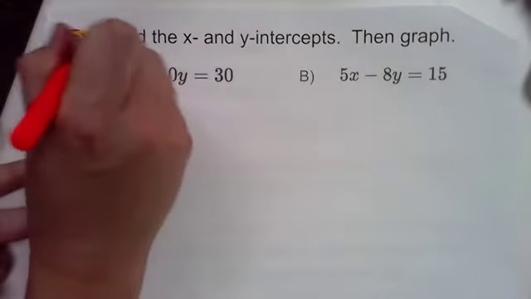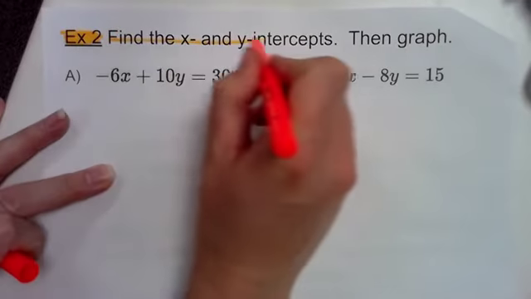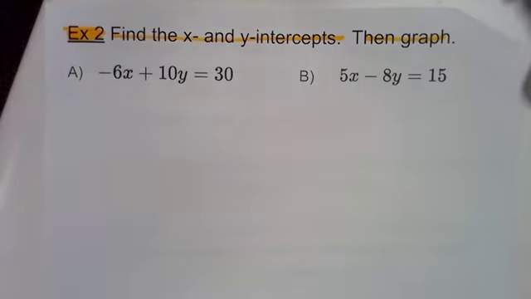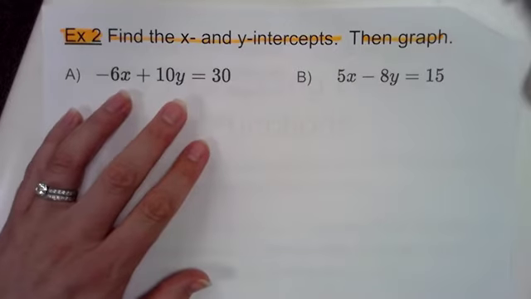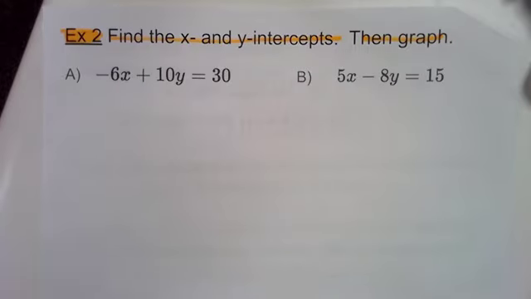Example 2, find the x and y intercepts, then graph the function. Here you'll notice we have an equation, negative 6x plus 10y equals 30.